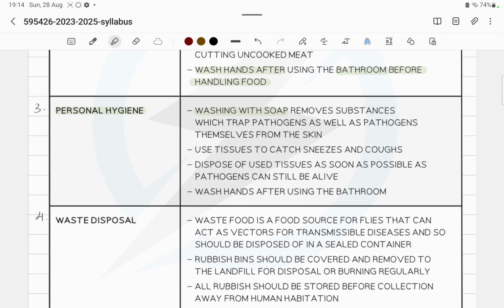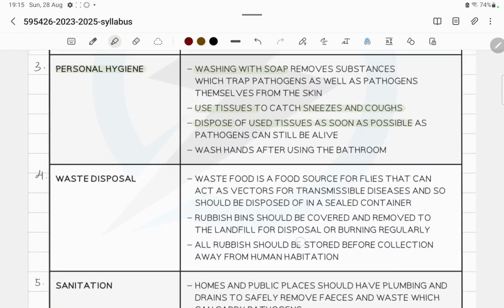Use tissue to catch sneezes and coughs. After you use the tissue, you must dispose of it as soon as possible, because the pathogens in the tissue might still be alive. And again, wash hands after using the bathroom.